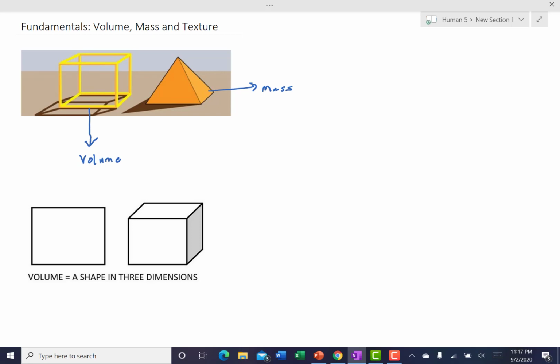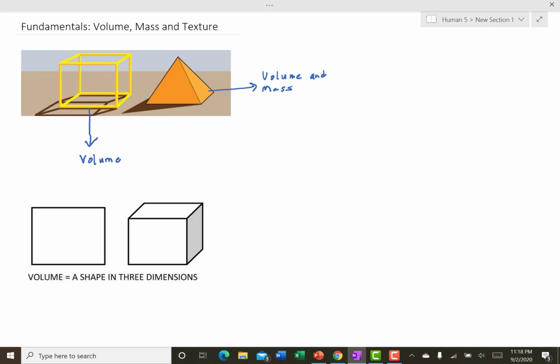But the thing is, even with mass, everything has volume, and mass is going to have volume as well. So just because this is an example of what we would consider something appearing as mass and having mass, it doesn't mean it doesn't have volume as well. So you could almost argue, you could say volume and mass.